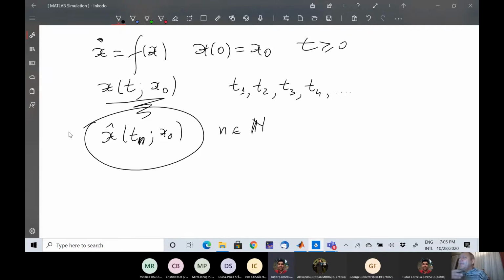I think this should be clear to all of us: the solution is a function of t with t a real number, but the outcome of the numerical computation is an approximation of the solution computed in a discrete moment set. Of course, t starts from 0. So this was just a short introduction.